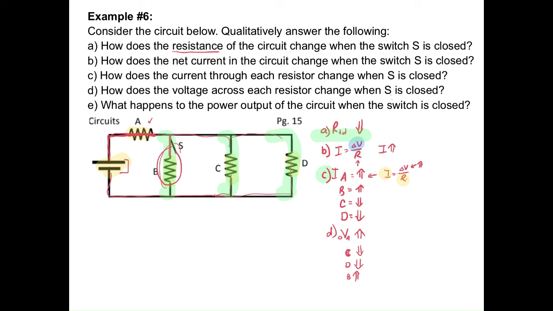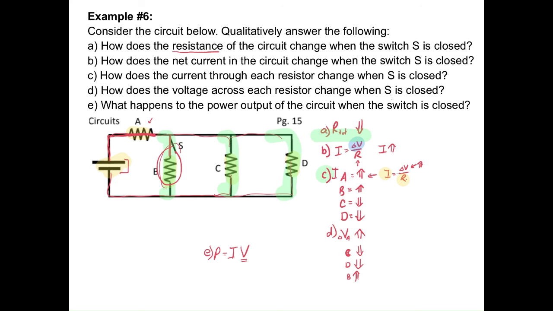All right. Now, the last question is, what happens to the power output of the circuit when the switch is closed? So this isn't too bad because we have learned that the power is equal to the current times the voltage. Now, the potential difference in our circuit, the total, is still the same, right? The potential difference doesn't change because the battery stays the same.